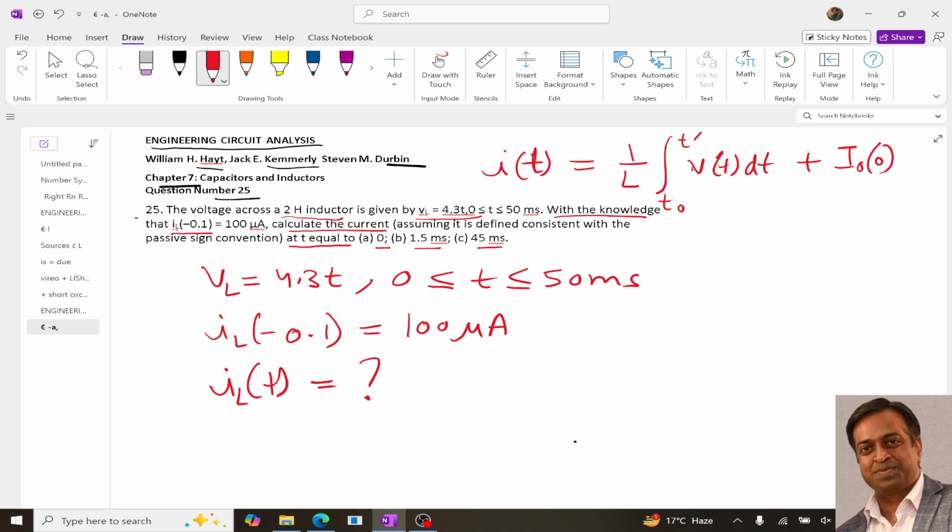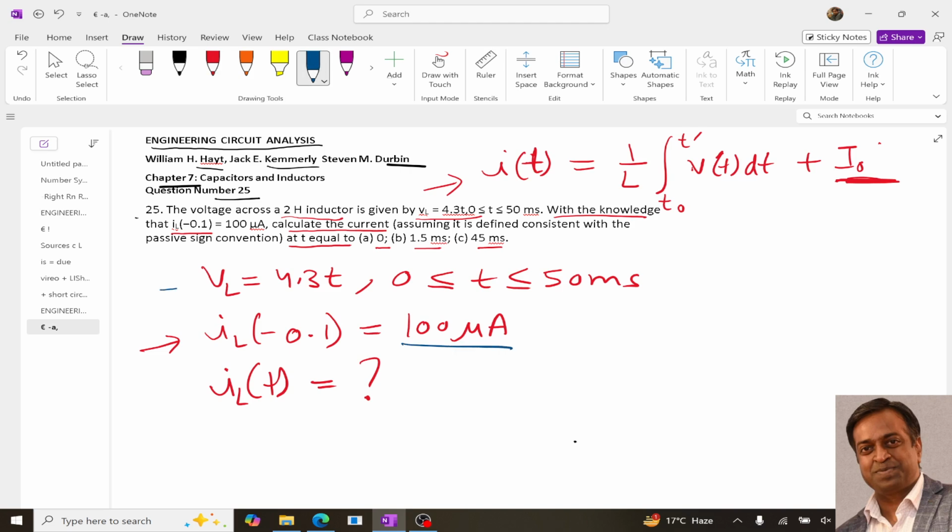This I naught is the initial current flowing through the inductor. So we can use this formula. Here it is given that IL at t = -0.1 is 100 microamperes.